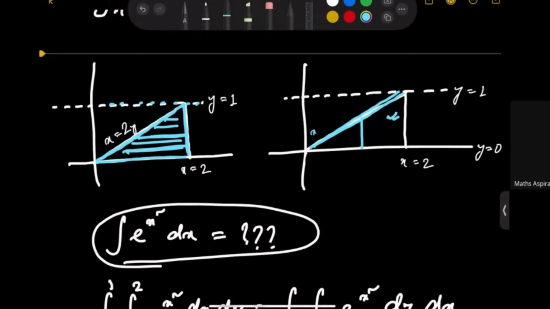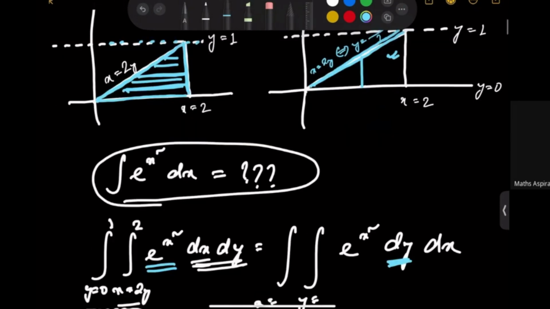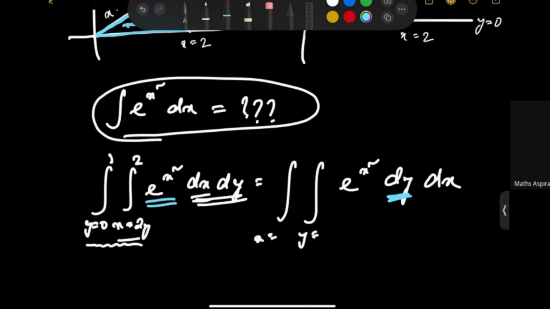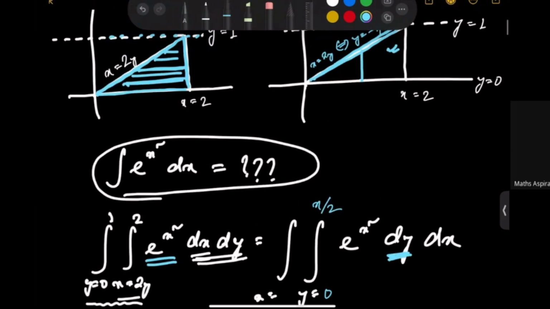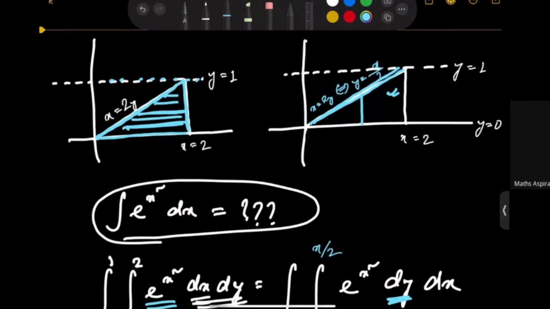It's the same as y equal to x by 2. So the limits of y are y from 0 to x by 2, and the limits of x will be from 0 up to this one, x equal to 2. So that is how you can cover the entire region as well.